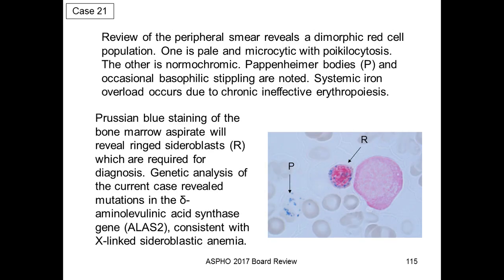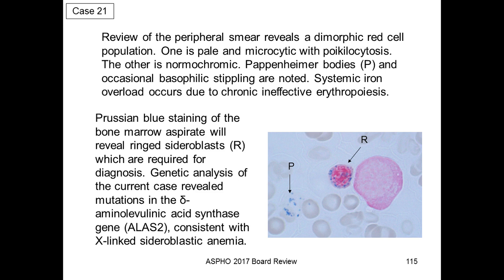If we review this peripheral smear, you can see a dimorphic red cell population. One population is pale and microcytic with poikilocytosis. The other is normochromic. And you can frequently see Pappenheimer bodies and occasionally basophilic stippling because of the systemic iron overload due to chronic ineffective erythropoiesis.